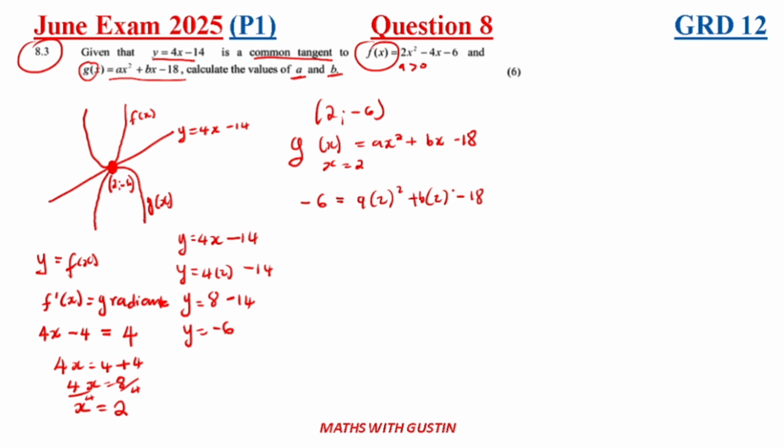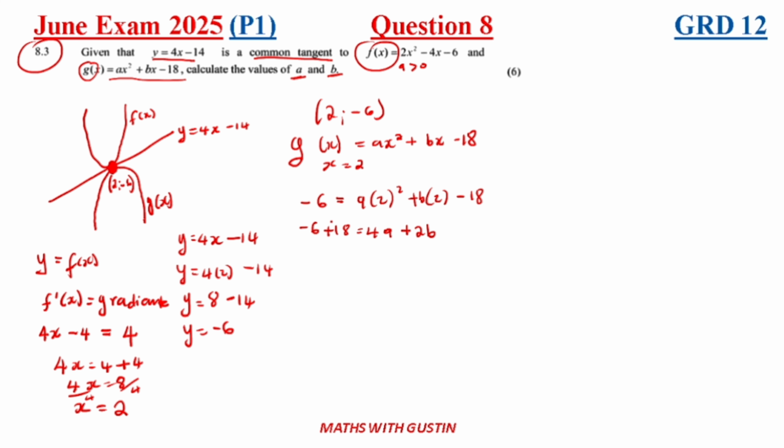Minus 18, take 18 to the other side, we're going to have negative 6 plus 18 is equal to 2 squared, which is 4a, and therefore also 2 times b is equal to 2b.